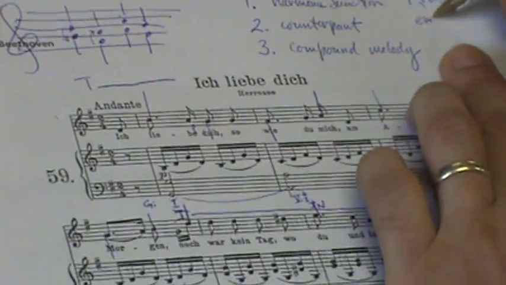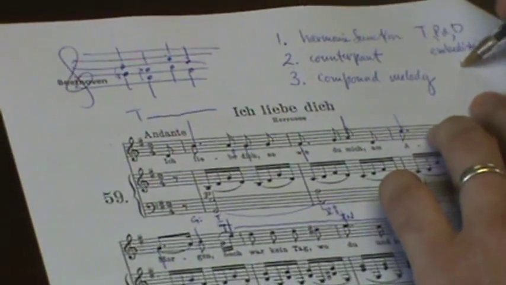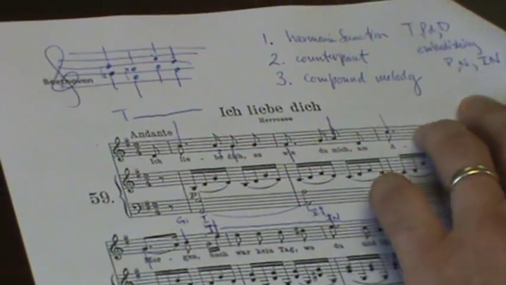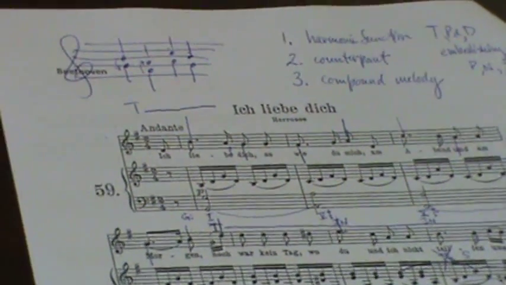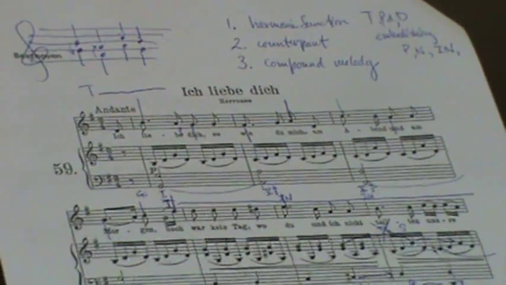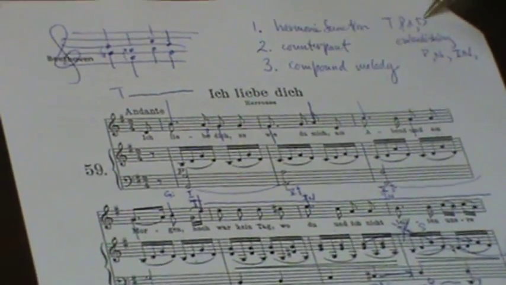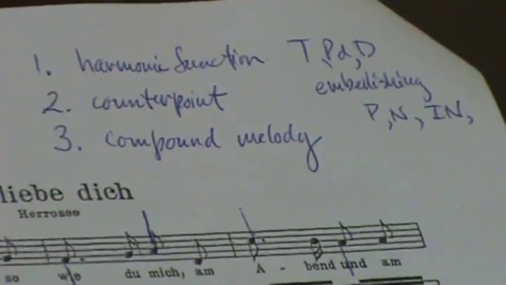And so for embellishing functions, we'll get things like passing chords and neighbor chords and incomplete neighbor chords, and also cadential 6/4s. Cadential 6/4s are embellishing. So this list will go on quite a while. A pedal chord, we can add to that. But these are the main ones to remember. We have the main functions, then we have embellishing functions, ways to embellish those very functions.